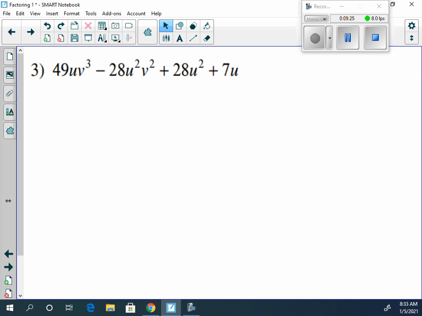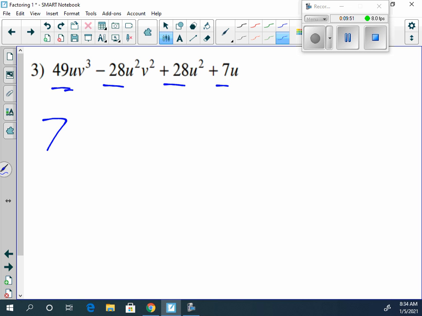So there's a lot of terms here. And again, most likely, because these first few, we're just using greatest common factor again. Now when I look at all the terms, let's look at the numbers first. So we have 49, 28, 28, and 7. 7 can go into all 4 terms.